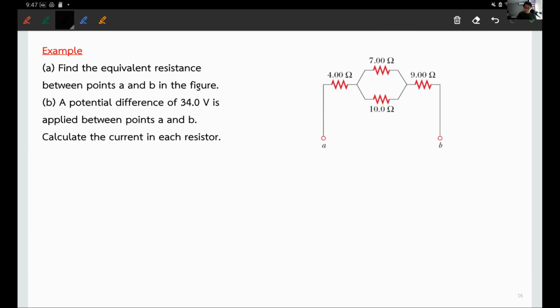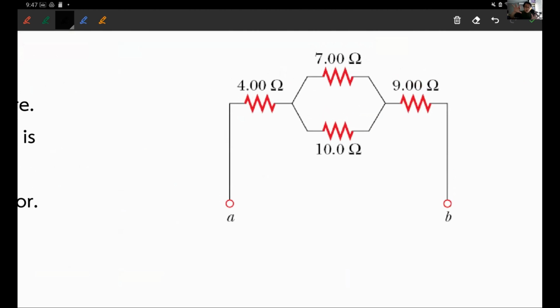From now on, if you have multiple resistors in your circuit, find the single equivalent resistor, evaluate its resistance, and reduce your circuit down into a simple circuit.